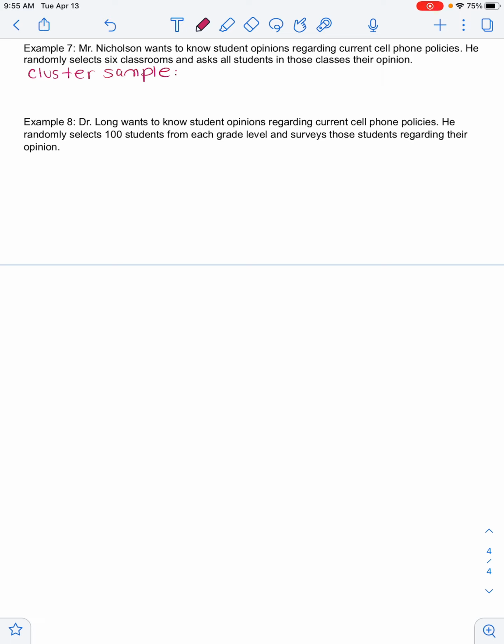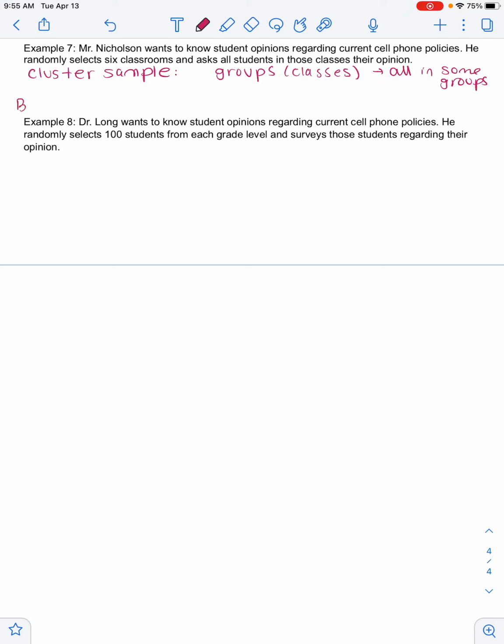What Mr. Nicholson does is he first breaks them into groups, the groups being the classrooms. And then he takes all students in some groups. So he selects certain groups and then he takes all of the students in those classes. And so that is a cluster.